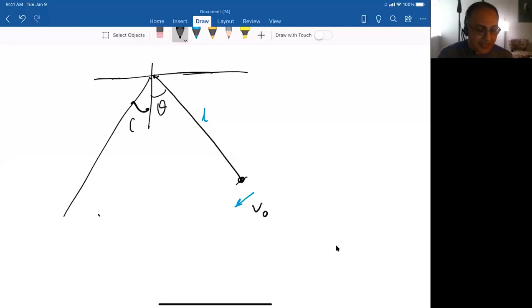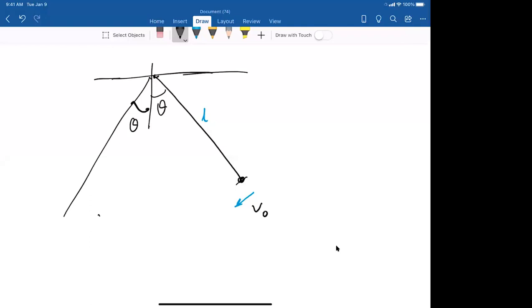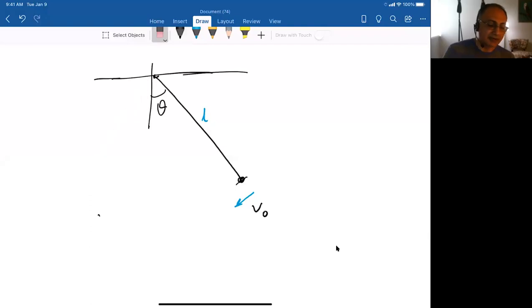Oh, why is it not this angle? Yeah, it doesn't make any difference if you take this angle. Okay. Yeah, it doesn't make any difference at all. So you can pick either one. Okay. So I just randomly picked the right-hand side, but if you pick the left-hand side, it doesn't make any difference at all.